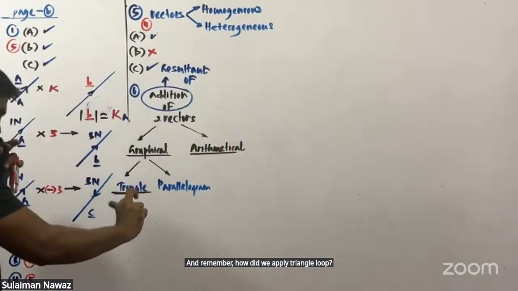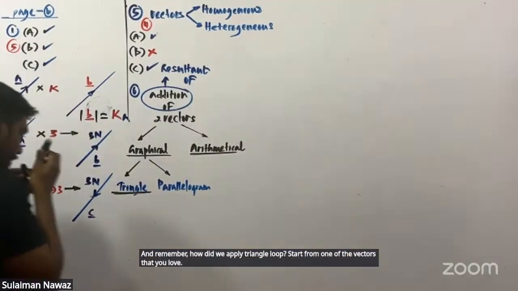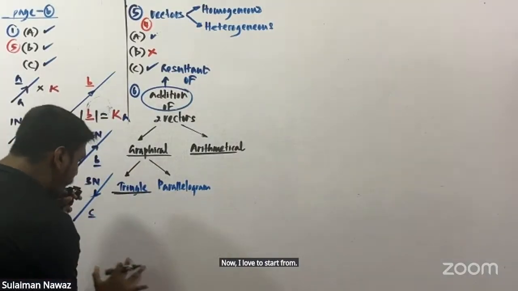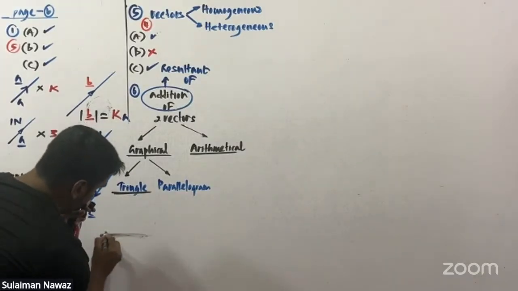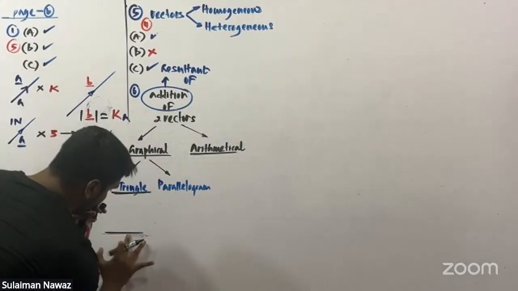Start from one of the vectors. I'll start from the 8 Newton horizontal vector, with magnitude 8 Newton.